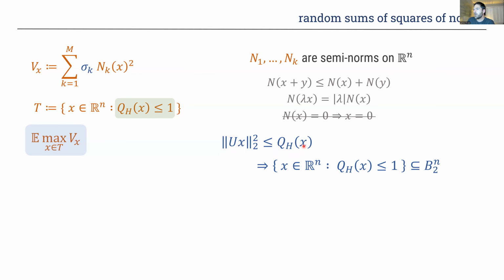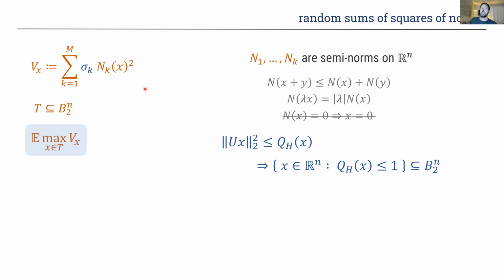Then this norm squared being less than the hypergraph energy means that the set of vectors of energy at most 1 is contained in the Euclidean unit ball. This comes from the choice of importance weights, this row vector of probabilities, and it allows us to replace this condition: instead of considering this particular index set T, we'll think about any index set contained inside the n-dimensional Euclidean ball.